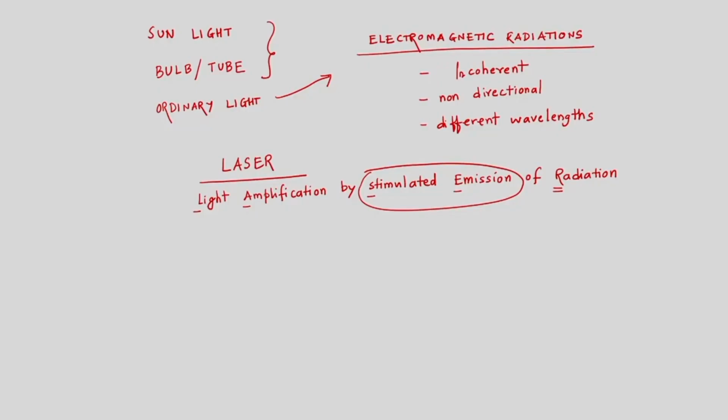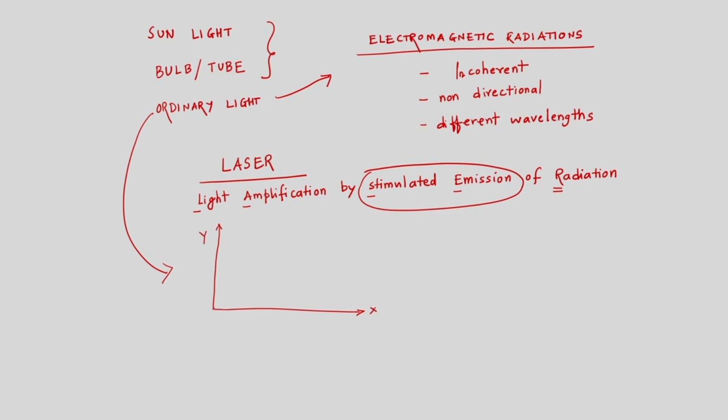So, what do we mean by coherent or incoherent? Suppose we consider an ordinary light. How would the waves be in ordinary light? Let us consider along the x and y.